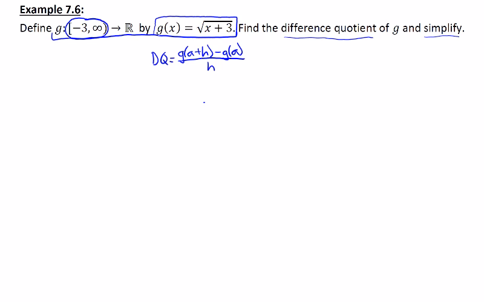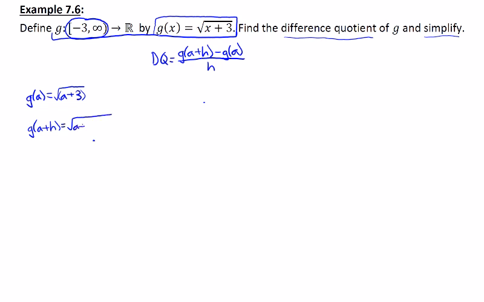So we'll want to come over here to the side and look specifically at g of a and g of a plus h. g of a is going to be the square root of a plus 3. And since the a plus 3 is underneath that square root, it's all grouped together, there's nothing more I can do. And the same thing ends up happening with g of a plus h.